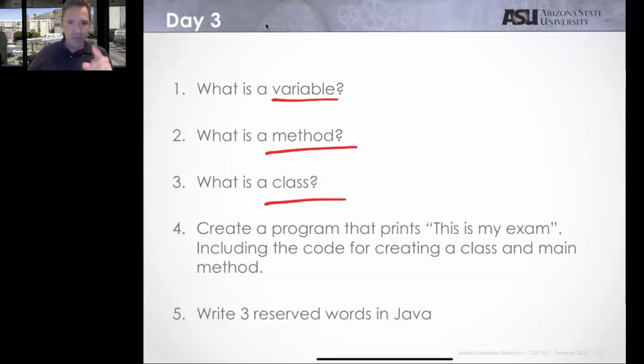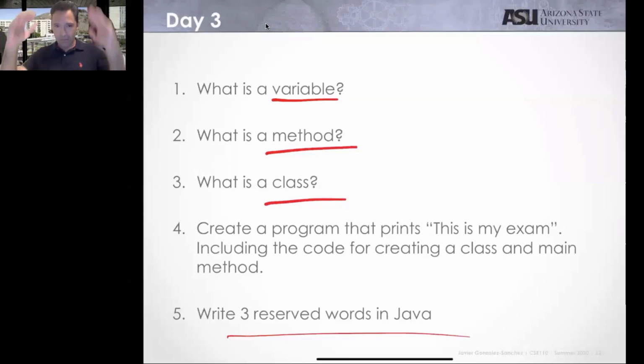What is the name of the only method that the computer executes? Hopefully you can answer those. Give me 3 keywords in Java. Do you remember that slide in which I showed you a set of words, and hopefully you go back and review them and notice that we are reviewing almost every single one of them?